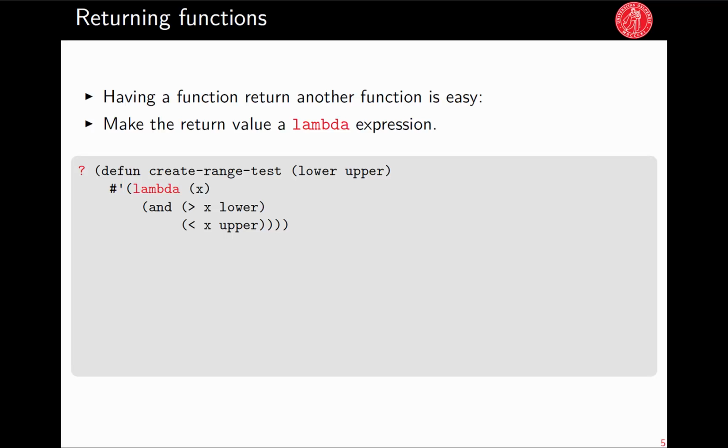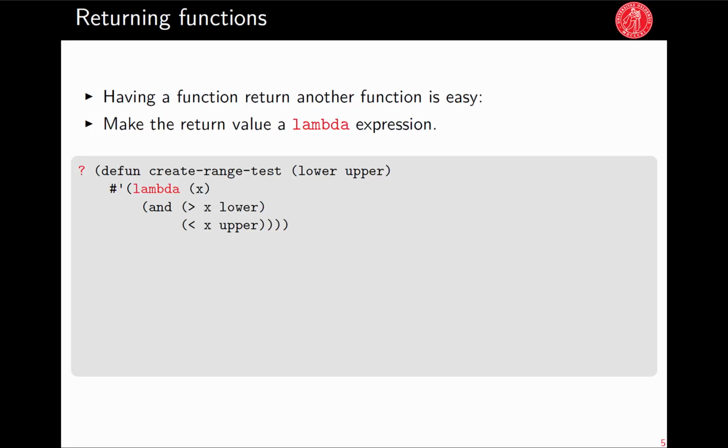And given what we now know about anonymous procedures or lambda expressions, it's very easy to write a function that actually returns another function, because all it needs to do is return a lambda expression. In this case, create-range-test takes two arguments, lower and upper, and in the function body, all it does is immediately return a lambda expression.